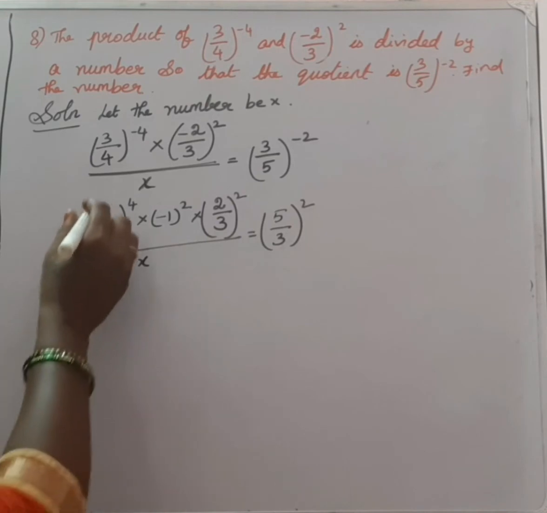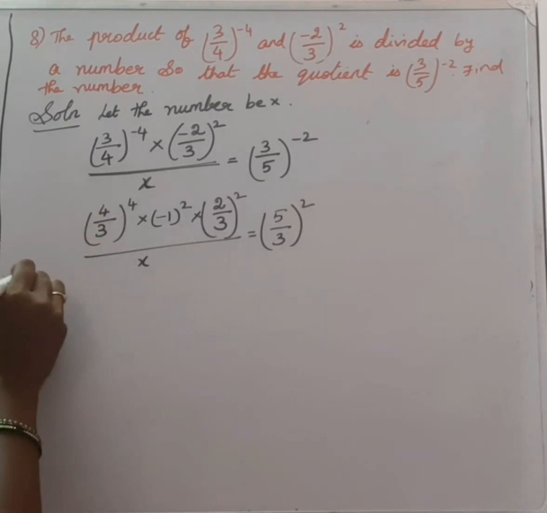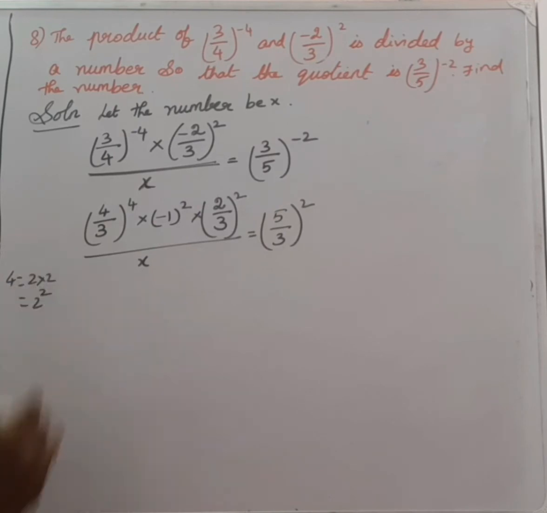Okay. Now split this 4. What do we get? 2 twos are 4, so 2 power 2. In the place of 4 we put 2 power 2.